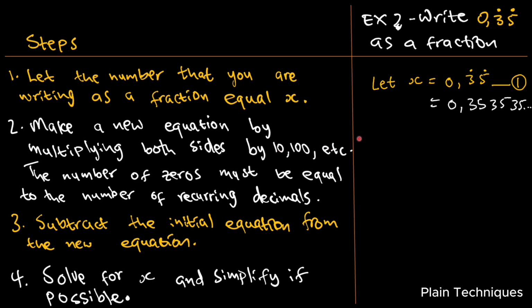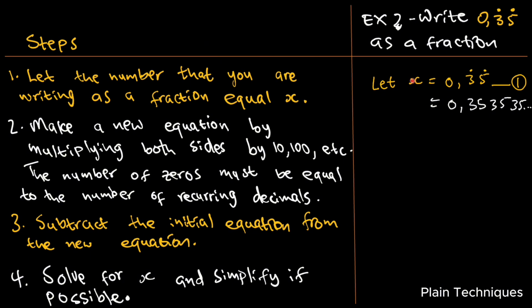That depends on the number of recurring decimals, so the number of zeros depends on the number of recurring decimals. I have two recurring decimals. Therefore, I will have 2 zeros, which is 100. So I'm going to multiply equation number 1 by 100.